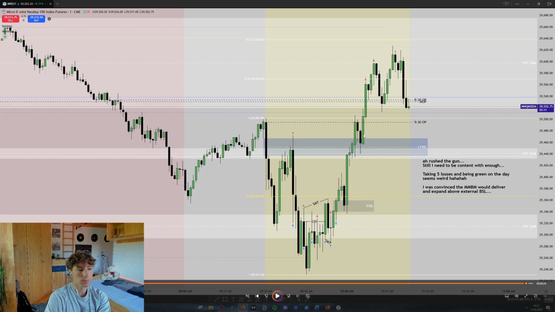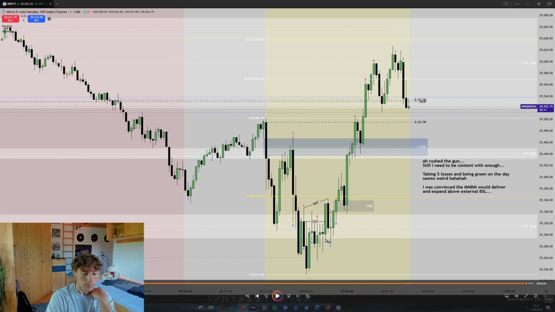Did not take any partials in here because I was really convinced that if we're going to trade higher, if we have this V-shaped market maker buy model, we would also trade above external buy-side liquidity, as I mentioned before. Took my first partial right there at the opening prices, and then closed right there. So not perfectly at CE, a bit lower, I think around the 0.25 extension level, something like that.